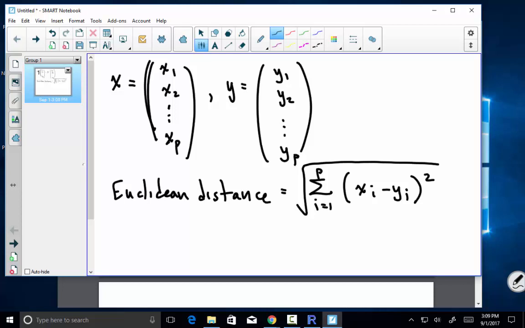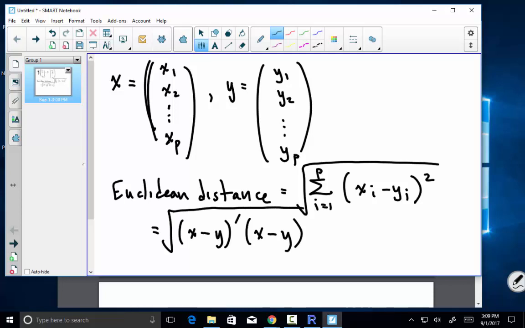Another way to write that in more compact notation is the vector x minus the vector y, transpose, times x minus y again, and then square root that. In your basic linear algebra, you learned how to multiply vectors, for example.